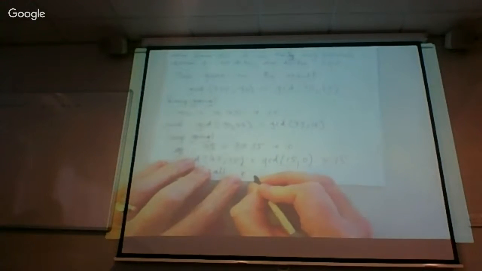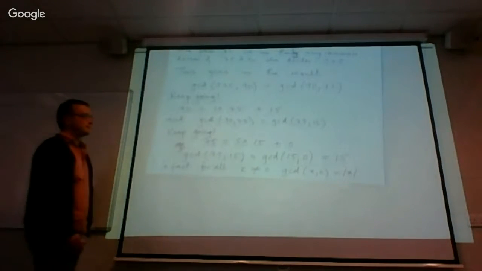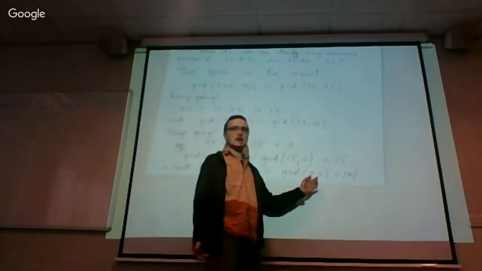For all x that is not 0, the greatest common divisor of x and 0 is x, or let's say the absolute value of x to allow x to be a negative number. The greatest common divisor of anything non-zero and 0 is just x.